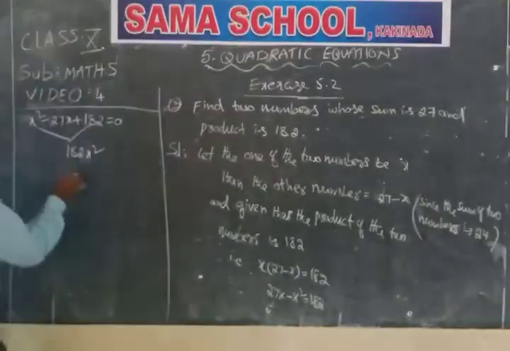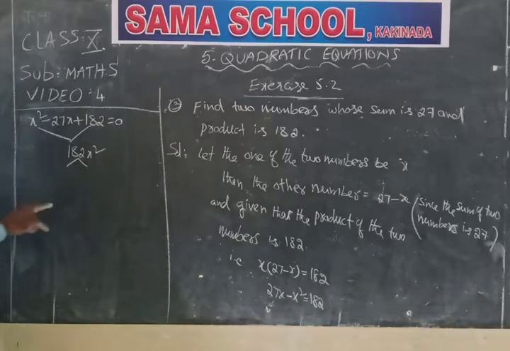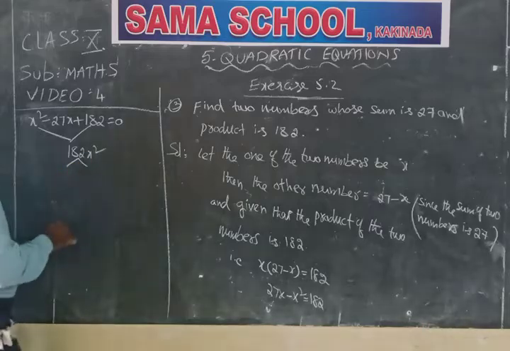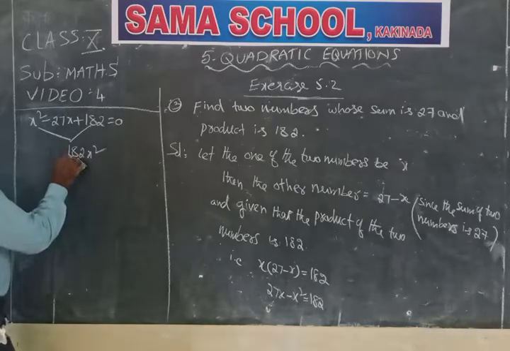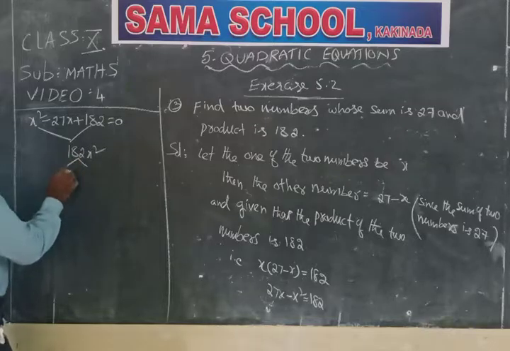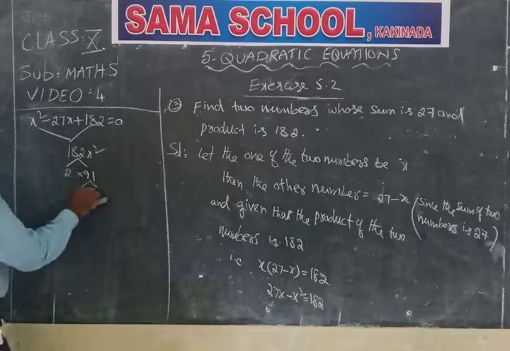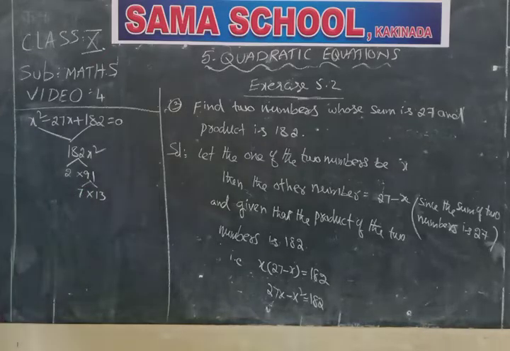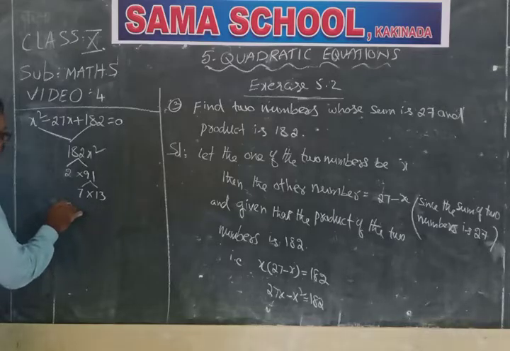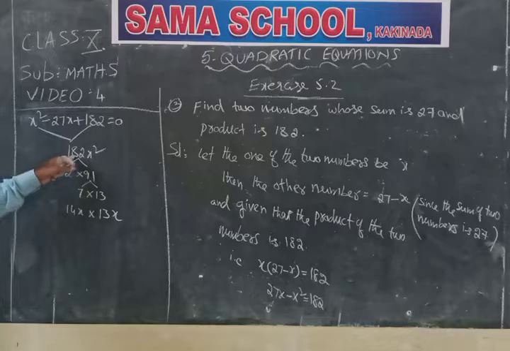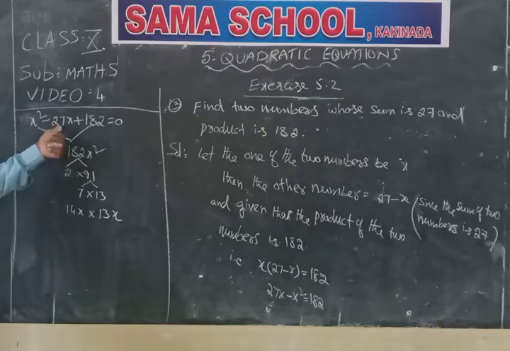Split it into two terms so that the sum becomes minus 27. 182 is 2 into 91, and 91 is 7 into 13, so 182 is 14 into 13. 14x into 13x becomes 182 x square, and 14x plus 13x is 27.